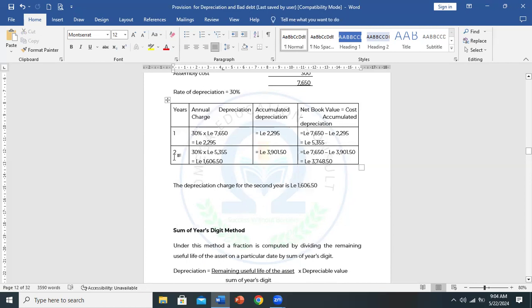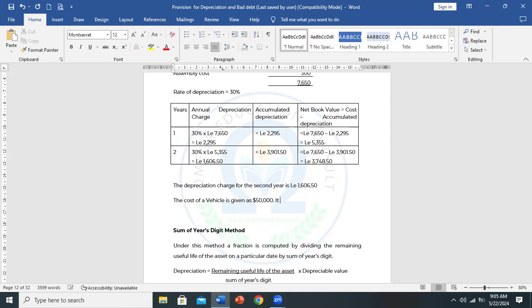Let me see if I can type a short question for us to look at how you are going to work around it. So the cost of the vehicle is given as $50,000.